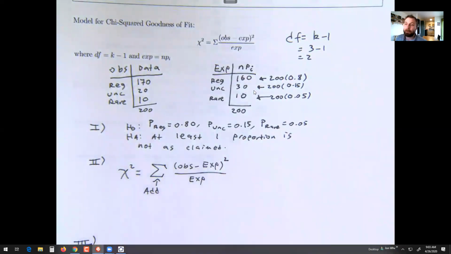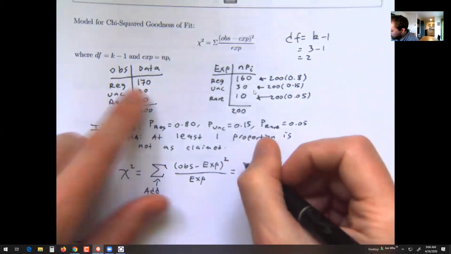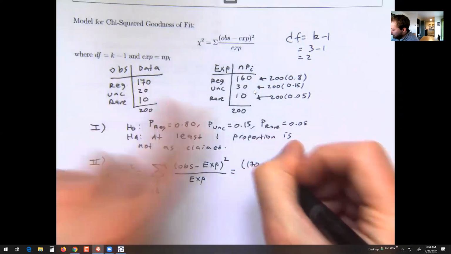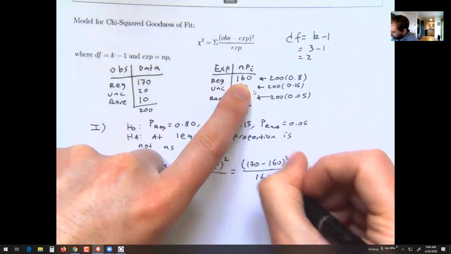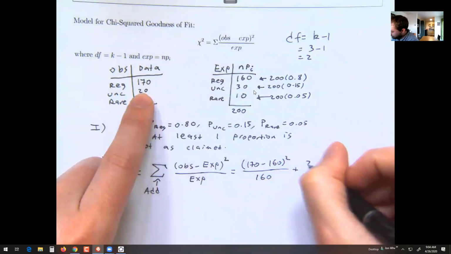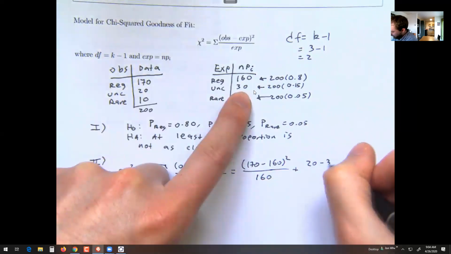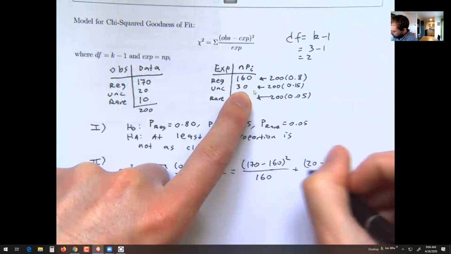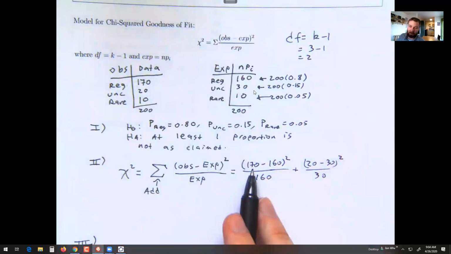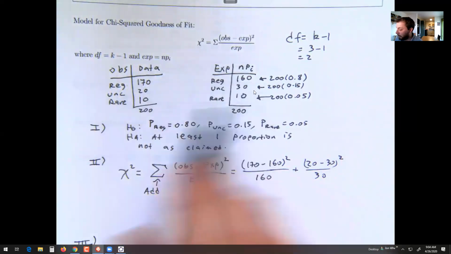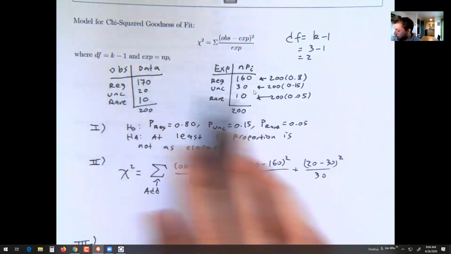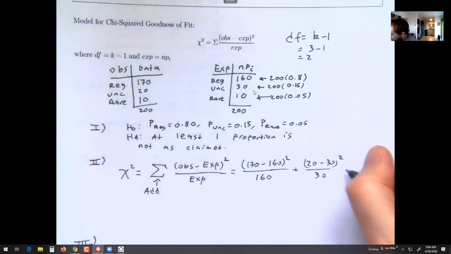Ultimately, I'm ending up with the chi-squared as a result here. So going through, first observed is 170, and I thought I should have gotten 160. Next one is 20, and I thought I should have gotten 30. So on each of these, I am taking my observed minus the expected, I'm squaring it, and I'm dividing it by the expected, and I'm just matching it up. 170 was 160, 20 with 30, and 10 and 10.